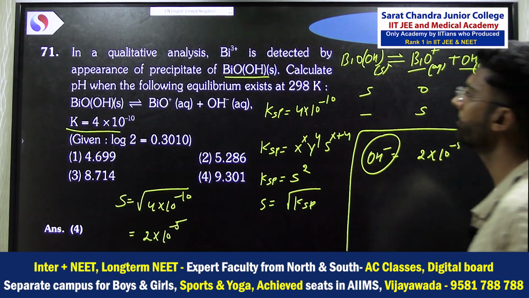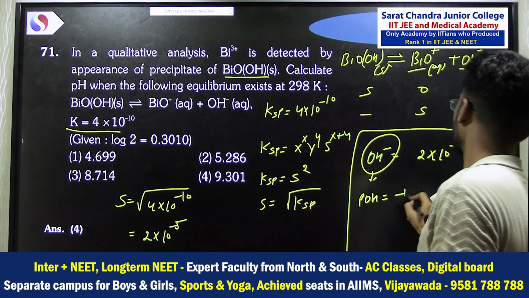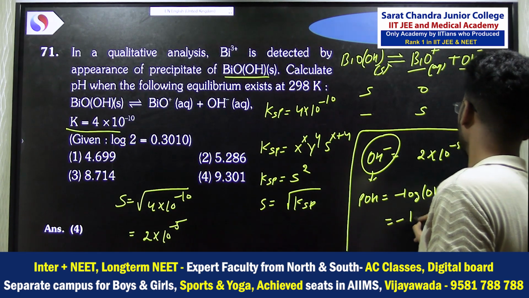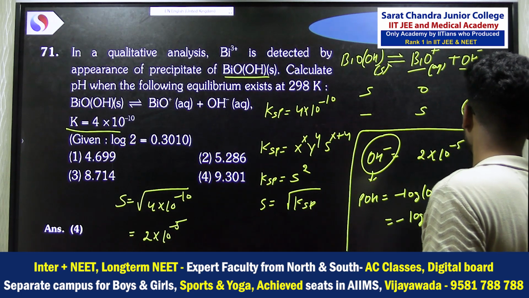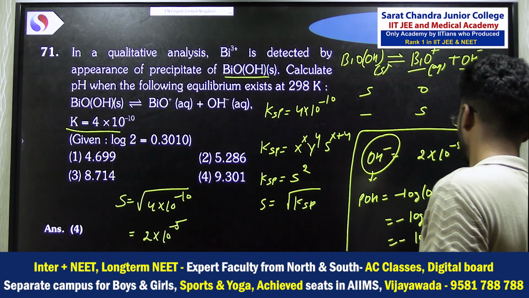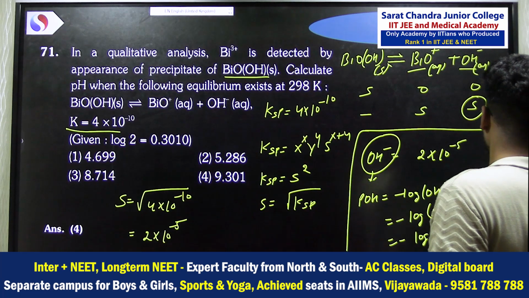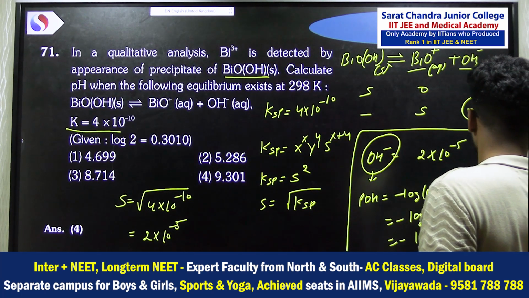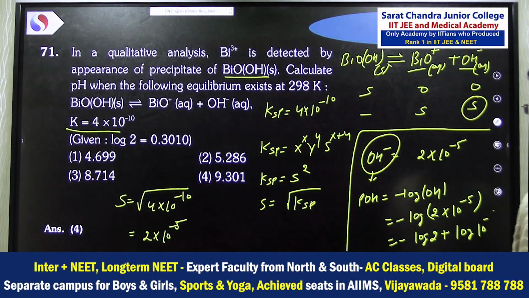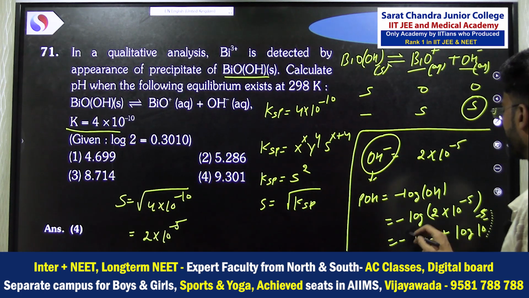From the OH negative value, can you calculate pOH? The pOH formula is minus log of OH negative, so this is minus log of 2 into 10 raised to power minus 5. So log 2 plus log 10 raised to power minus 5. The log 2 value is given already as 0.3, and log 10 raised to power minus 5 is minus 5.